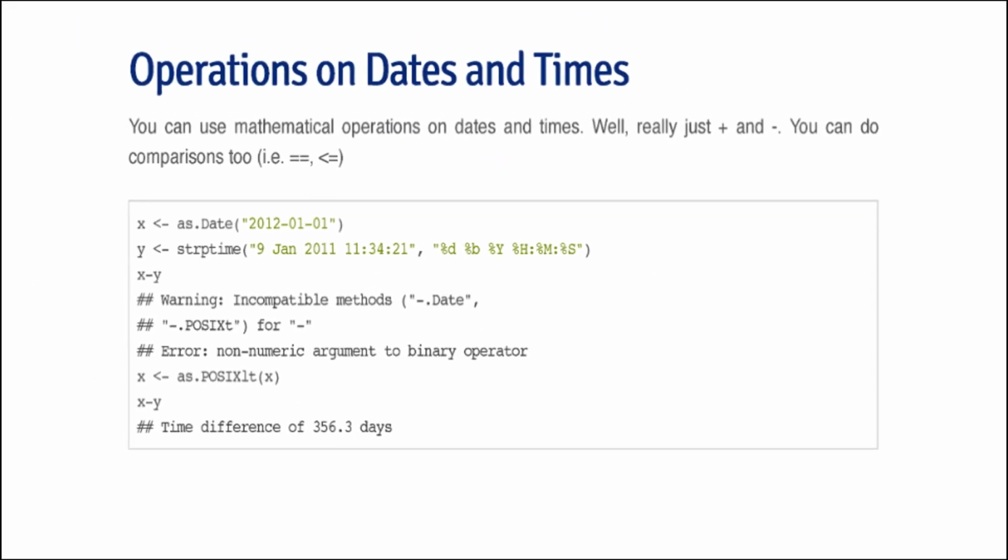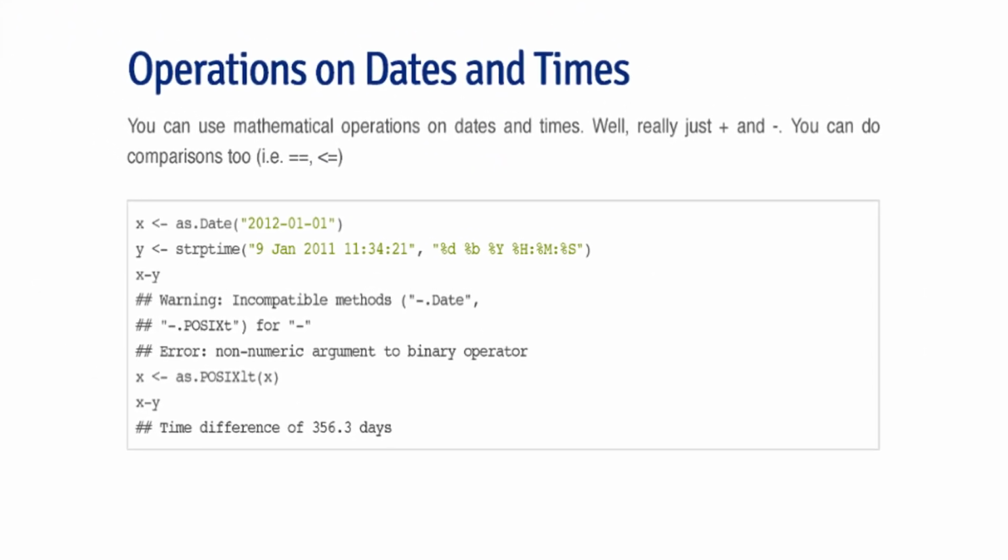Now once you have got data in the date or time format, you can do operations on them, which can be very handy. For example, you can add and subtract dates, you can compare dates, you can see if one date is less than another date, or are these two dates equal to each other. So in the end, remember, you need to be careful that you can't always mix different classes.